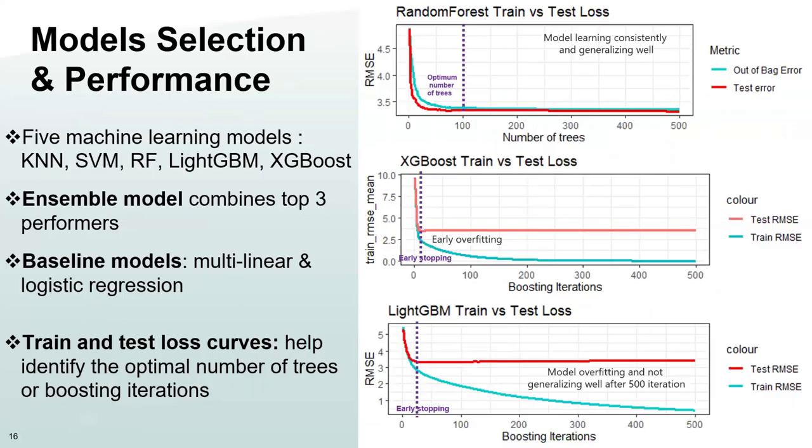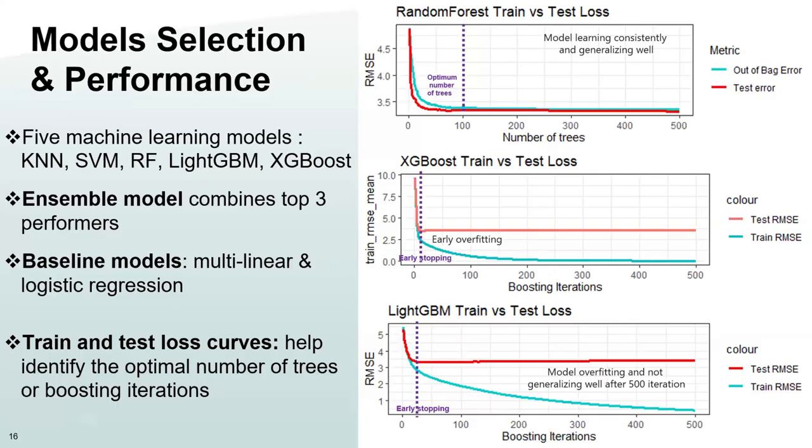We tested 5 machine learning algorithms, including KNN, support vector machine, random forest, and 2 boosting algorithms. We included an ensemble model by combining the top 3 performers, along with a traditional model such as multilinear model or logistic regression that we use as a baseline.